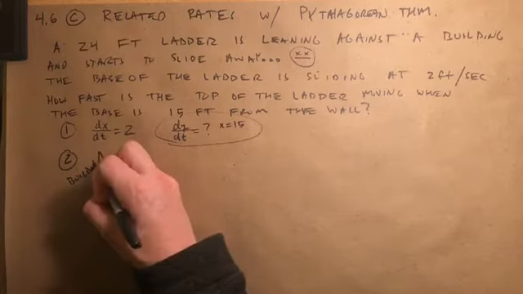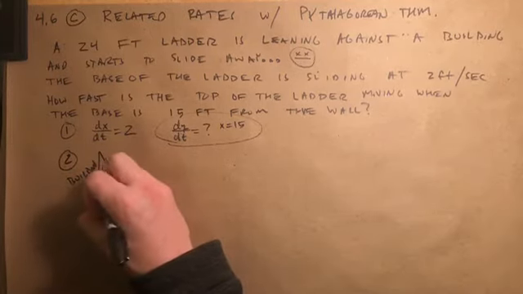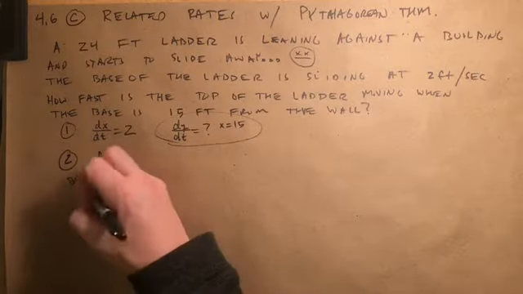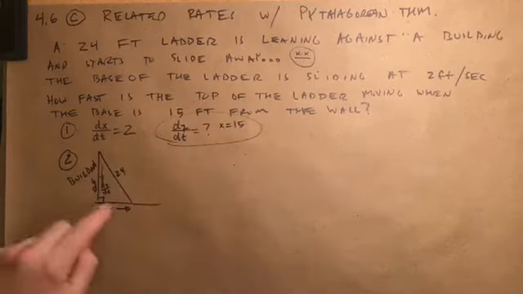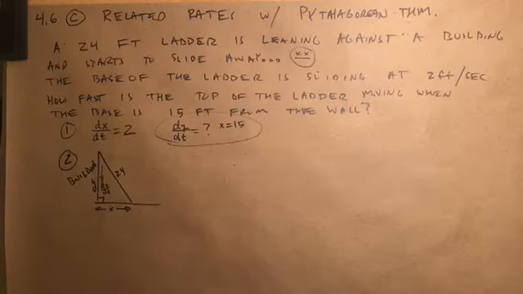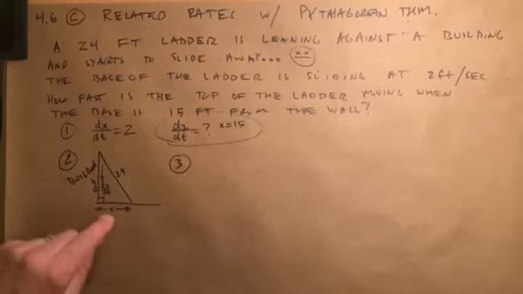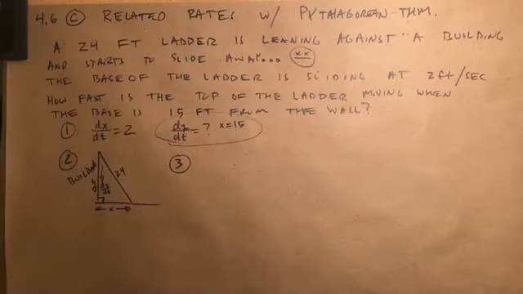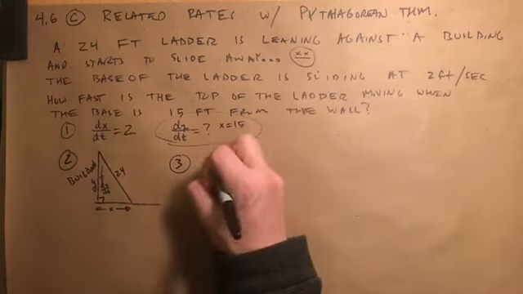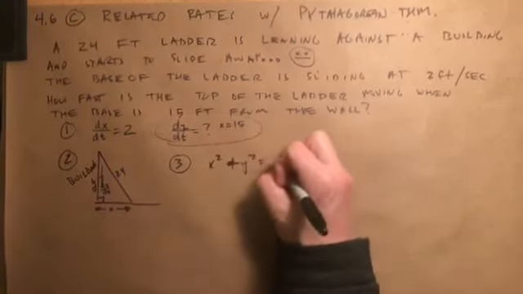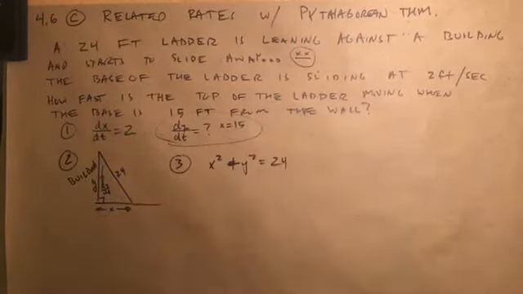And what we're looking for here is dy/dt, how that height is changing, which means the y must be there. If only I could figure out a way to relate x, y, and 24 on this picture. Oh, and you know that it's the Pythagorean theorem, right? x squared plus y squared is equal to 24 squared.